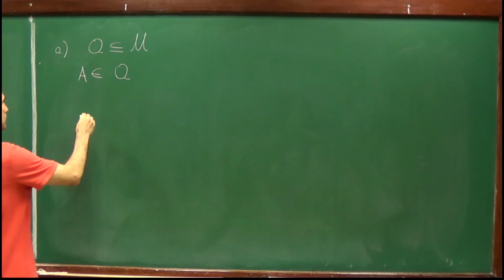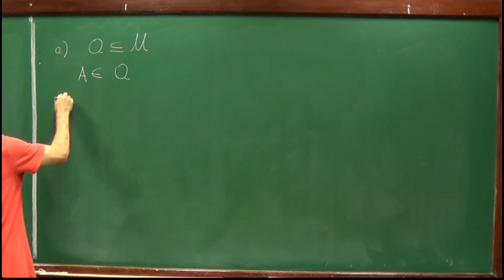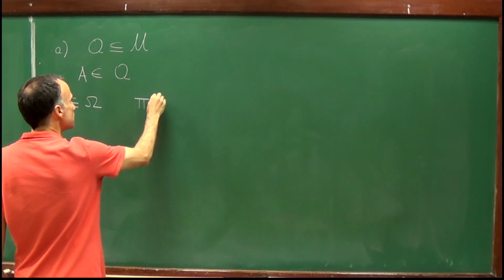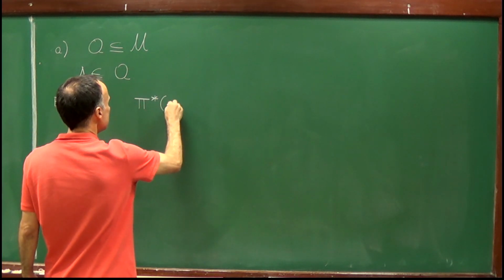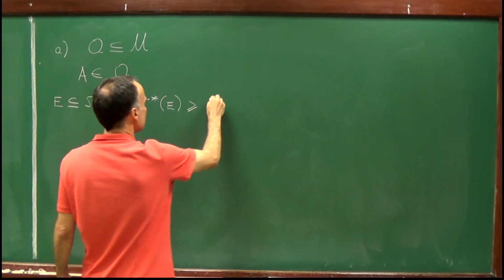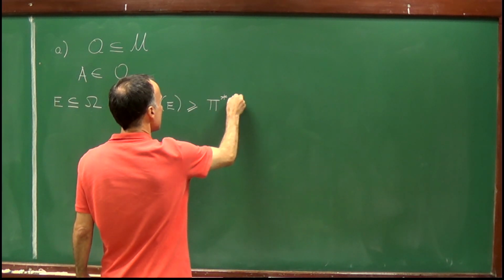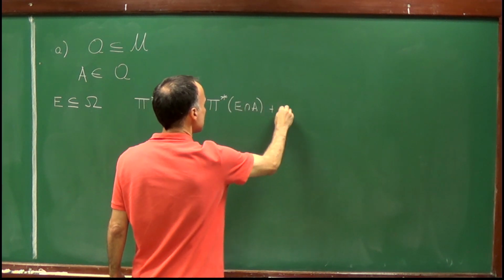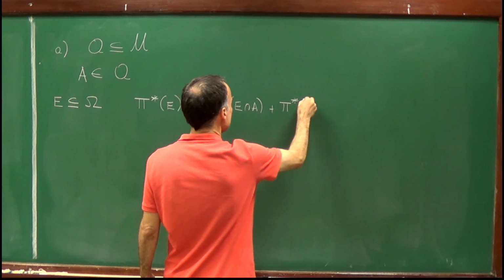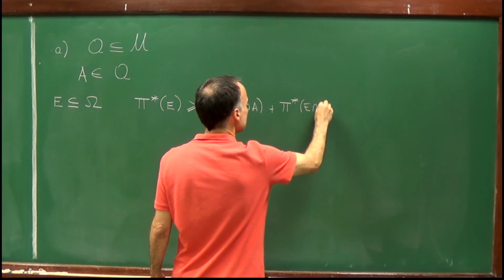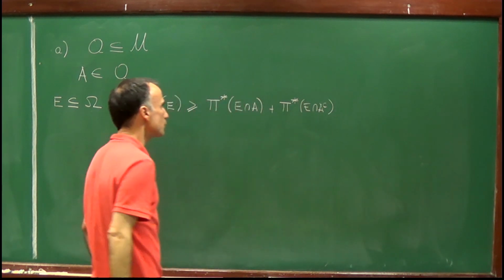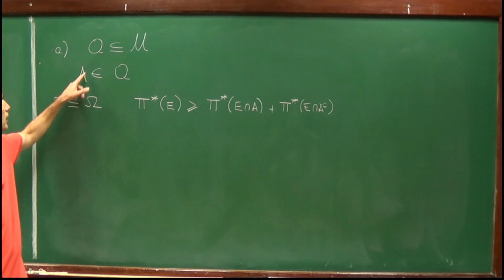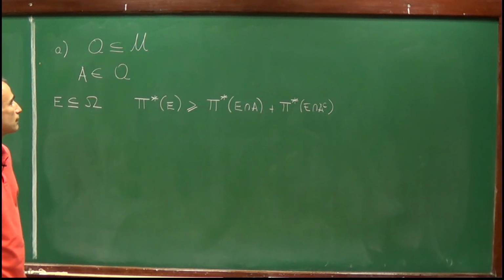And we fix a set E, and we have to show that P star of E is greater or equal than P star of E intersection A plus P star of E intersection A complement. So this is the inequality we have to prove in order to show that A belongs to the set M.